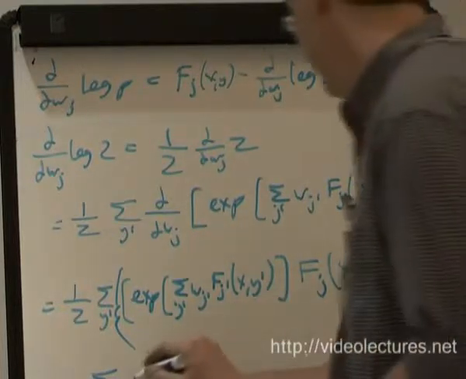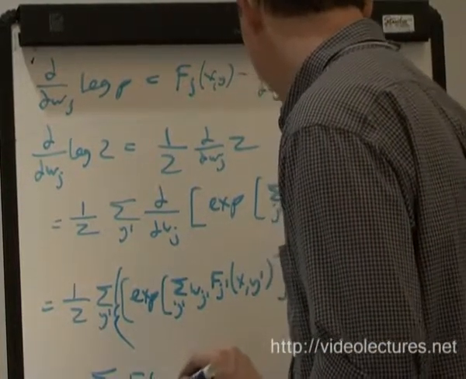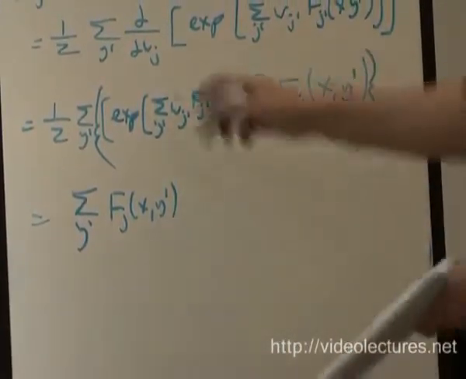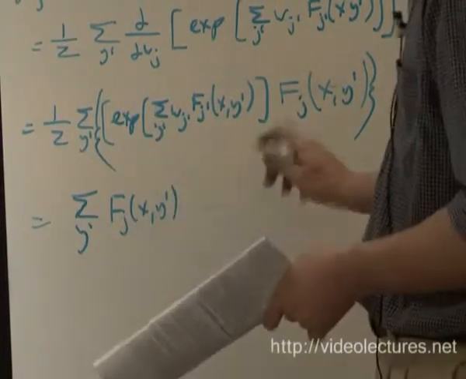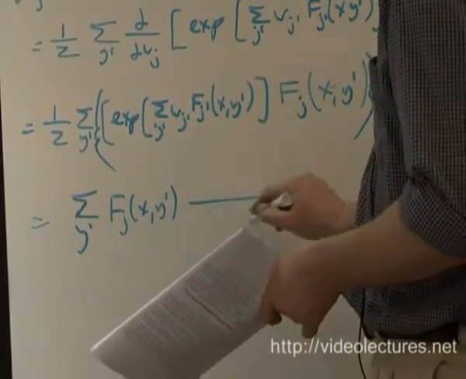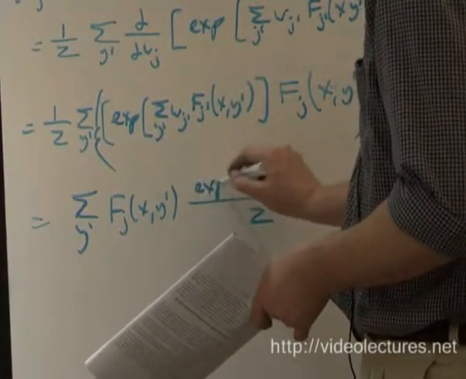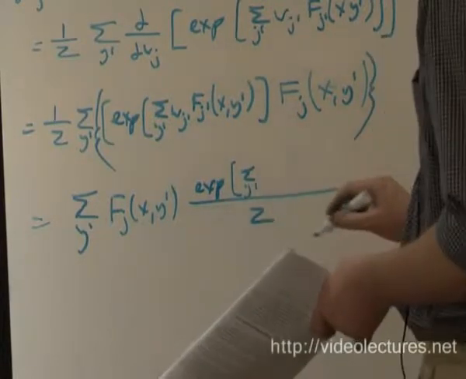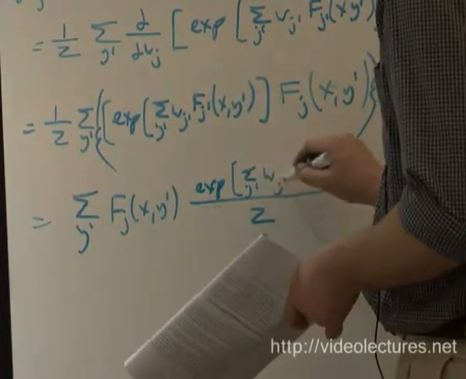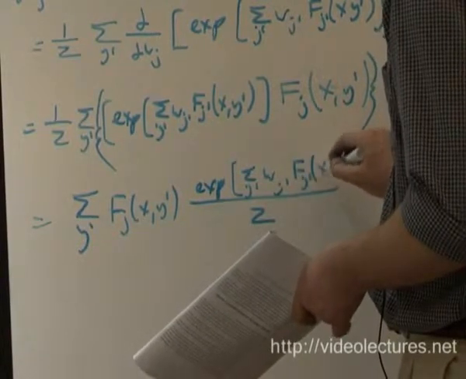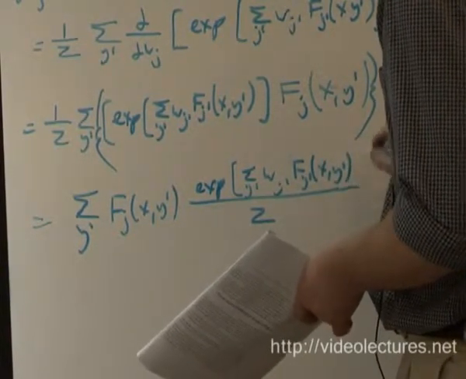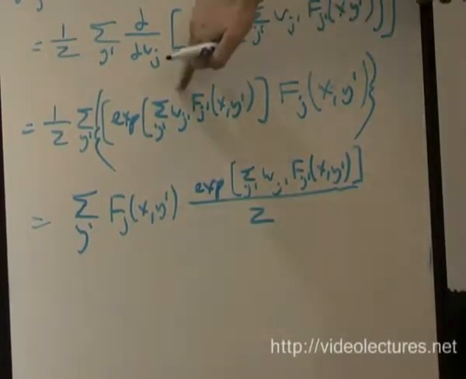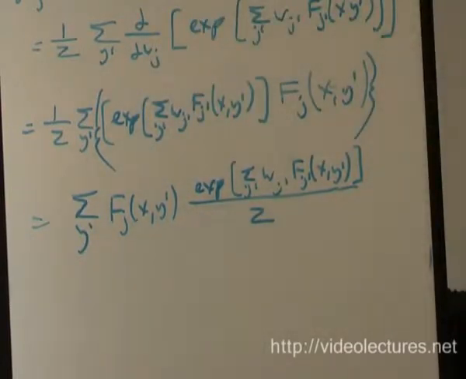So I'm going to write fj of x and y prime. I'm just moving this first. And then I'm going to move the z inside. And so z and exp sum over j prime, wj prime, fj prime, x, y prime. So here I just swapped the order of these two things in the sum and moved the z inside.